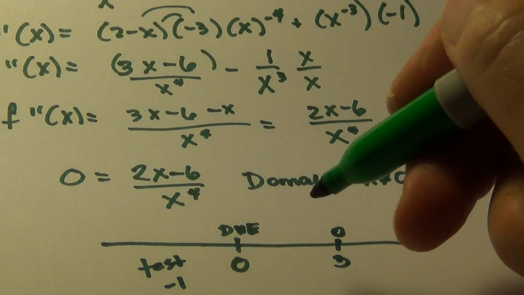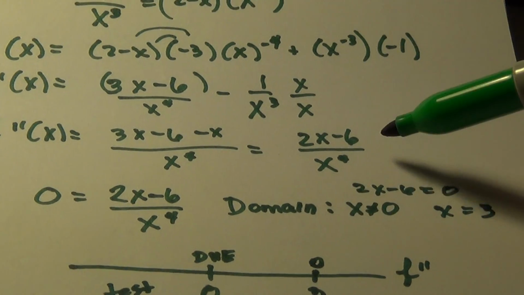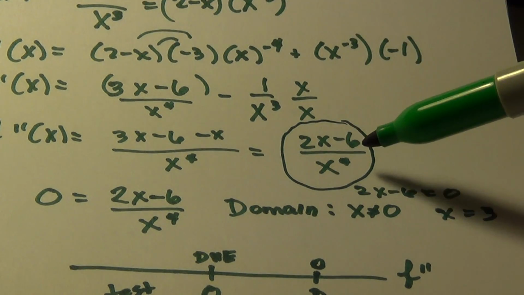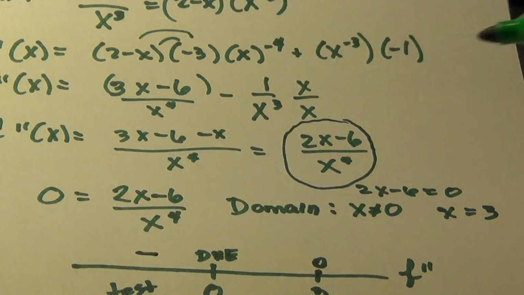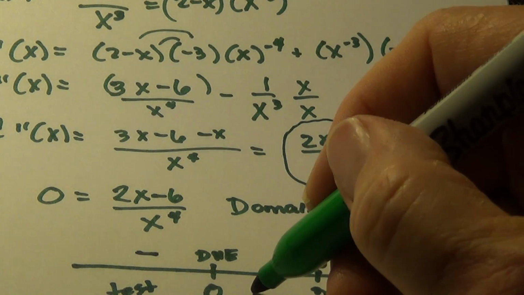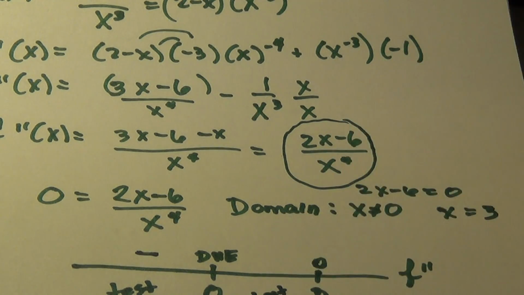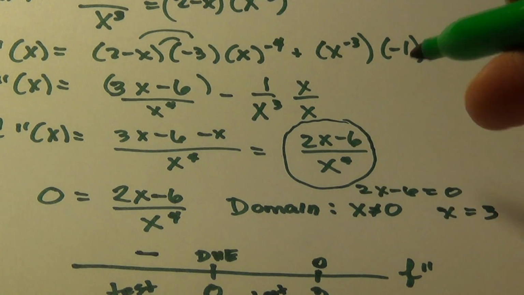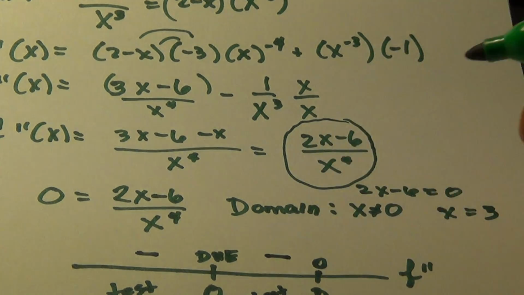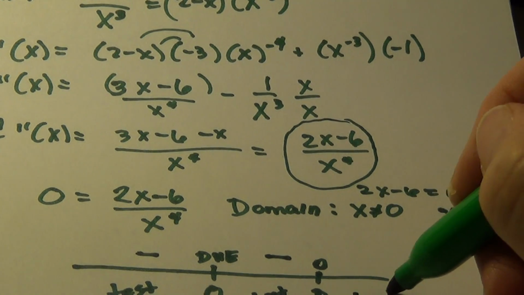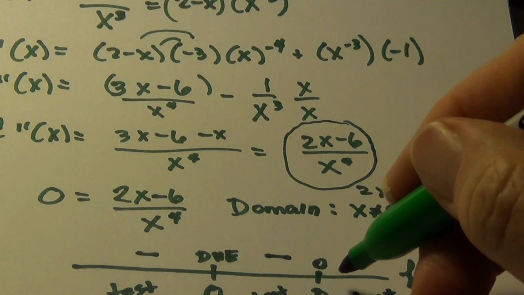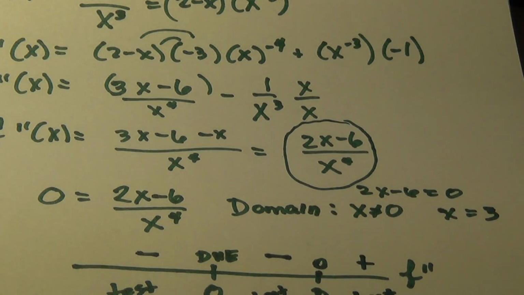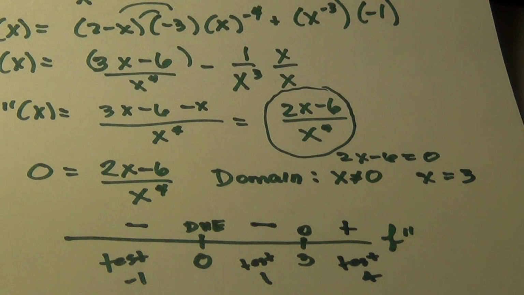And when I test -1, I put it into the second derivative right here. So it looks like I get a negative value. And between 0 and 3, I'm going to test 1. And then it looks like I get another negative value. All right, and then I'm going to test 4 between 3 and infinity, and that gives me a positive value. You can verify that for yourself at these test points.